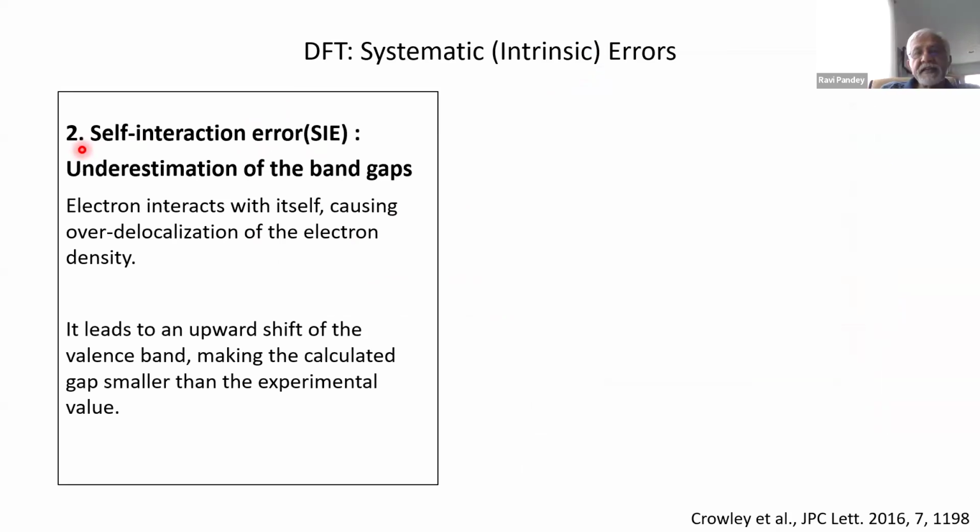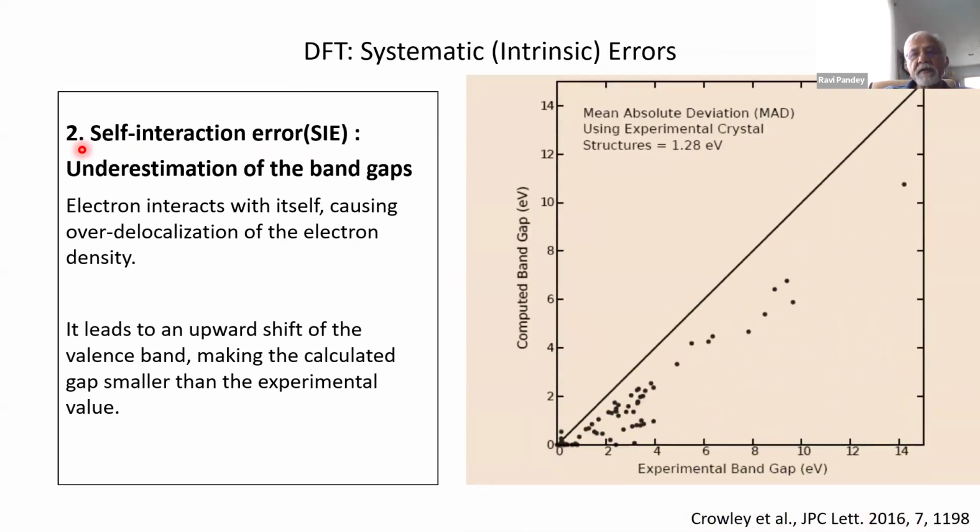Then I talked about the self-interaction error. And as you know, DFT systematically underestimates the band gap. The reason is that the electron interacts with itself, which causes what we call over-delocalization of the electron density.